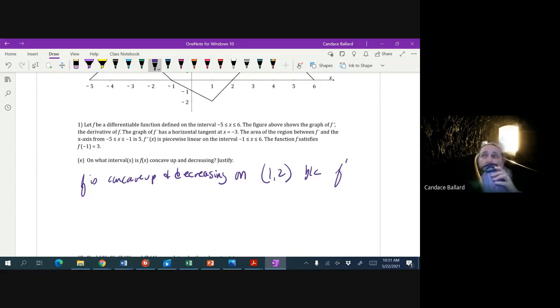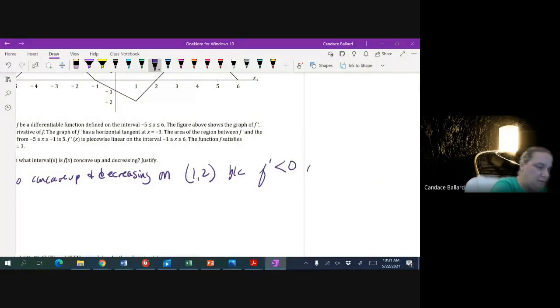I want to make sure we're here and awake. All right, so I'm seeing increasing and less than 0. So it becomes F prime is less than 0 and F prime is increasing. Those that have had me for a few years understand my handwriting.